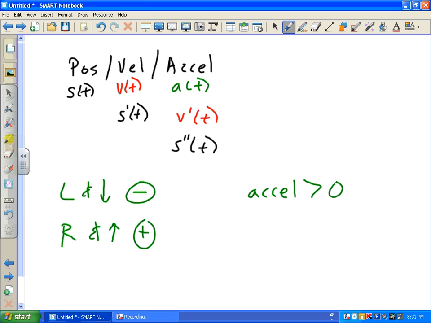Another common question is to be asked when the particle is moving to the right. To be moving to the right means that the velocity is positive, or v of t greater than 0. There are many more question types that can be asked off of position, velocity, acceleration, many of which you will practice in the coming weeks.